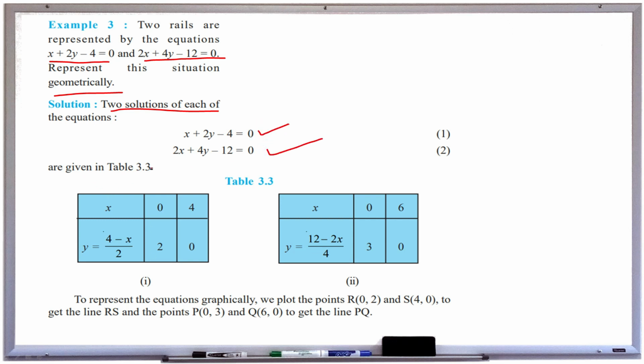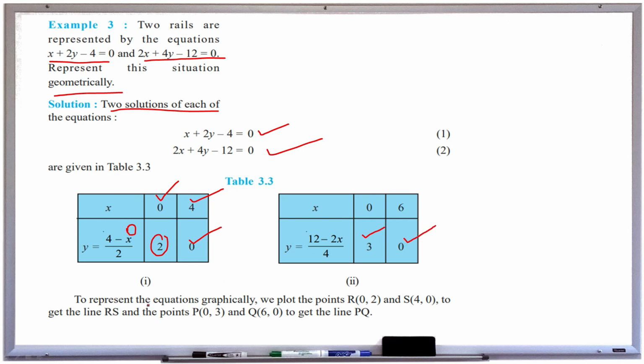Table 3.3: for x you put the value 0, so 4 minus 0 is equal to 4, 4 by 2 is equal to 2, you will get the value 2. If x is equal to 4, you put 4, then you will get the value y is equal to 0. Similarly, the second equation: x you put 0, y you will get 3. Put x is equal to 6, y you will get 0.